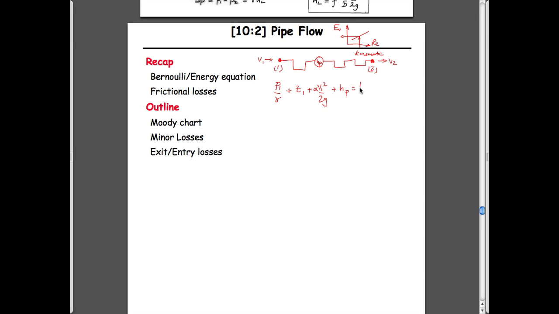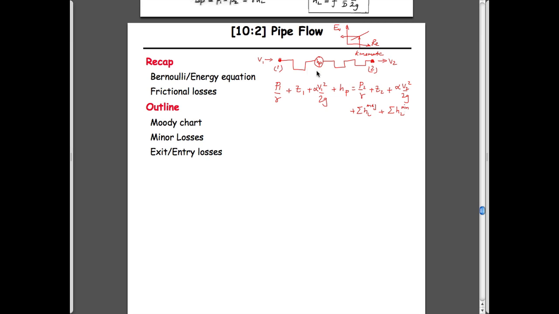And that had to equal the magnitudes of these Bernoulli terms at the downstream location: elevation, velocity, and two additional terms. So the sum of head losses, we'll divide them into two terms. One we'll call major, and the sum of head losses minor. And so those are the behaviors that we want to deal with.